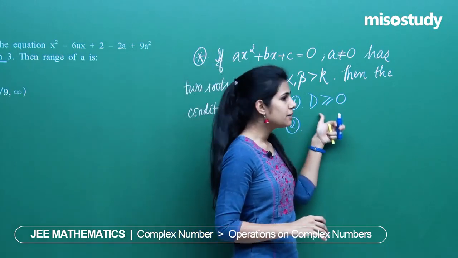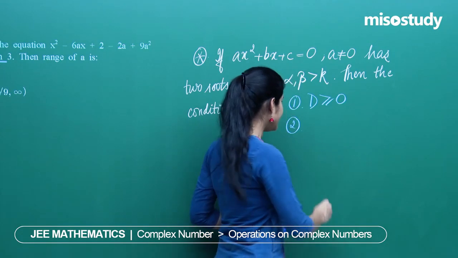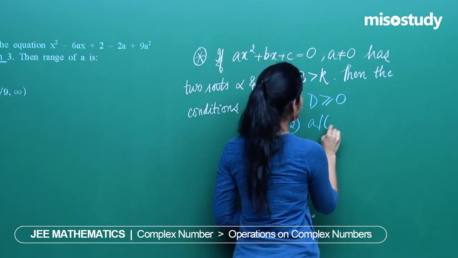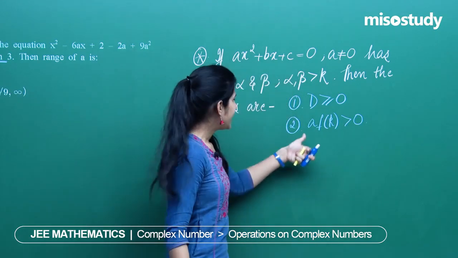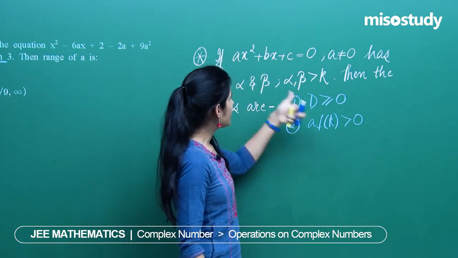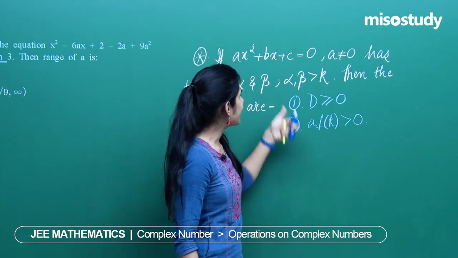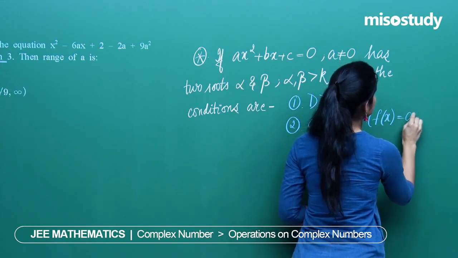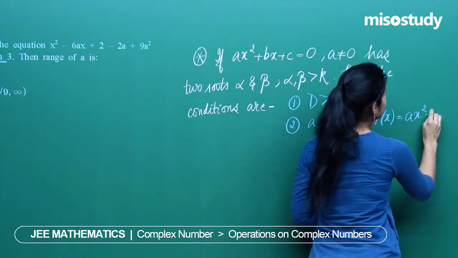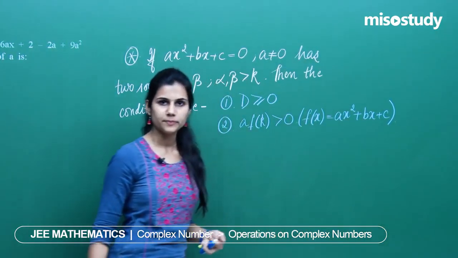So the discriminant can either be positive or equal to 0 as well. Next condition is a into f of k should be positive, where a is the coefficient of x square, which is non-zero, and f of k is the value of fx at k, where fx is nothing but the quadratic polynomial associated with this quadratic equation.